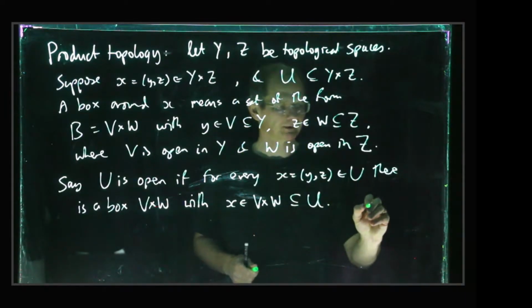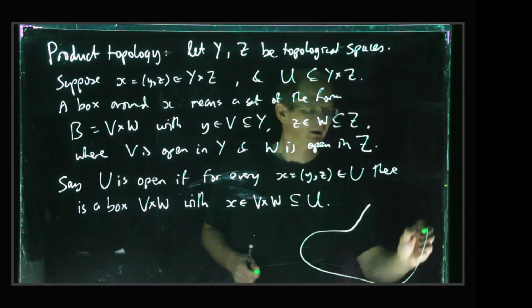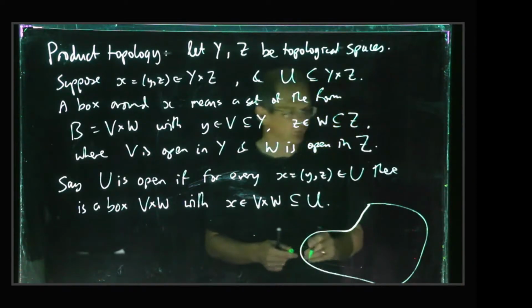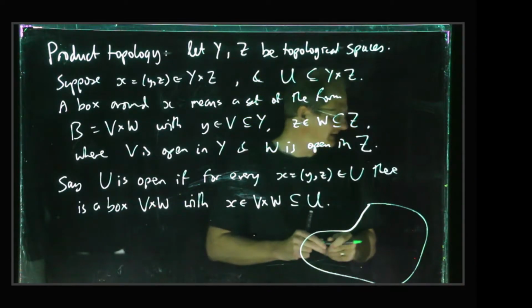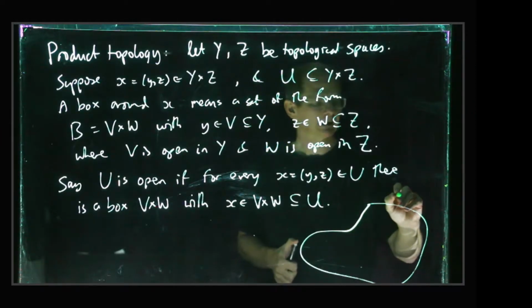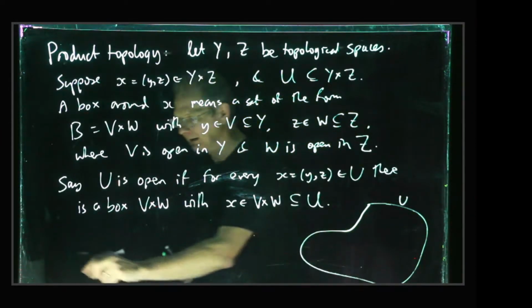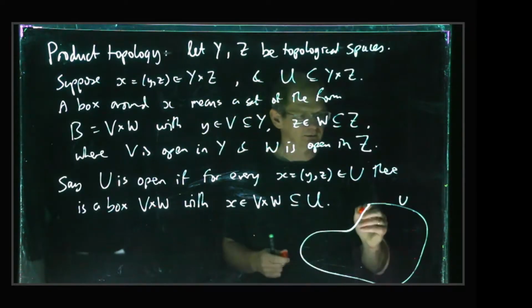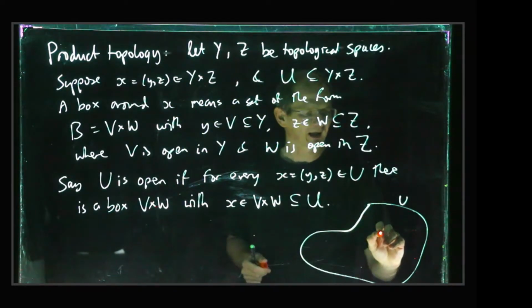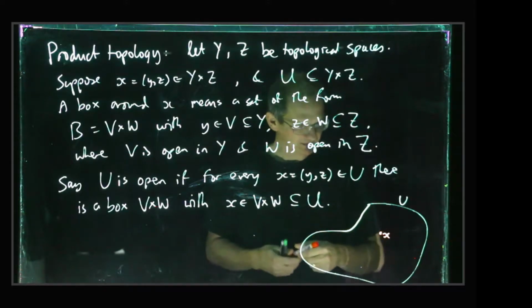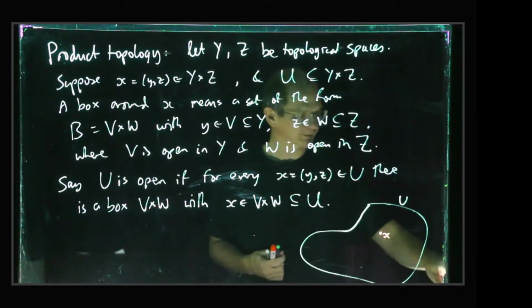So a picture kind of like this. This would be a picture with Y and Z both being the real line, say, so Y cross Z is the plane, and then here's our U, and then maybe we've got a point X here, and we're supposed to be able to surround that point by a box.